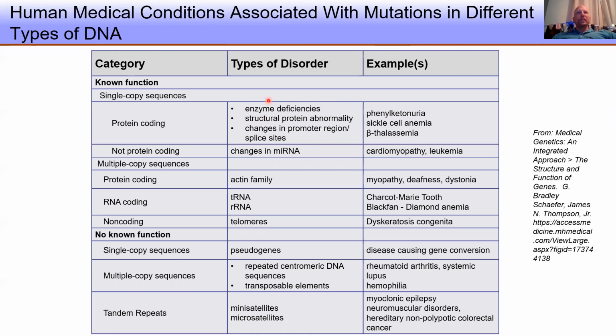You can have changes inside the gene, or changes in the regulatory sequences or where the RNA gets processed, and these can all cause changes in the structure of protein. Down here, we have microRNAs, which are believed to have a role in controlling gene expression, so we have some diseases associated with that as well. And then we have a collection associated with what we call multiple copy sequences and a range of diseases here.